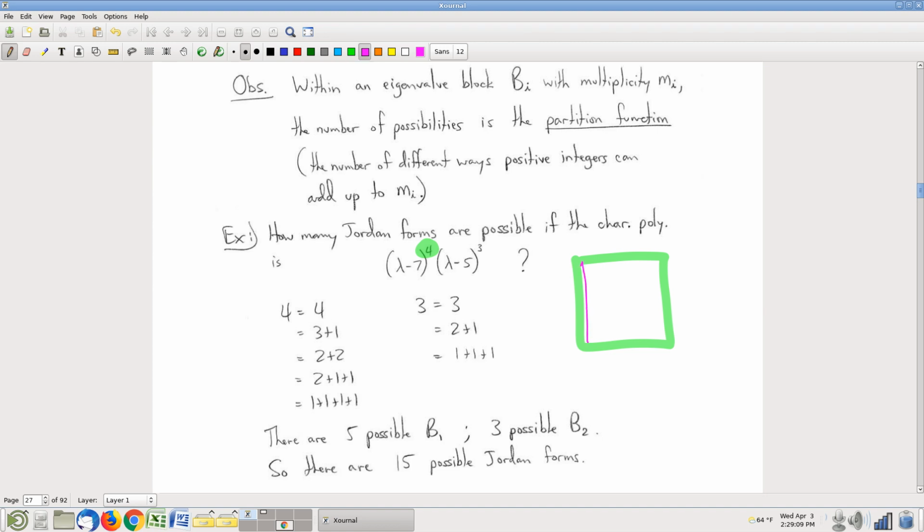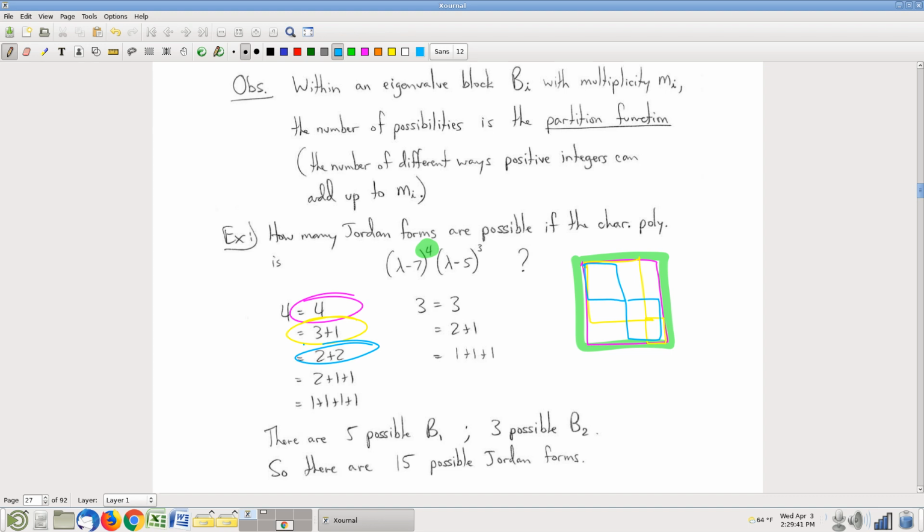So, for example, you could have a single 4 by 4 basic Jordan block, which would look like that. Or you might have a 3 by 3 and a 1 by 1. Or you might have a 2 by 2 and a 2 by 2.